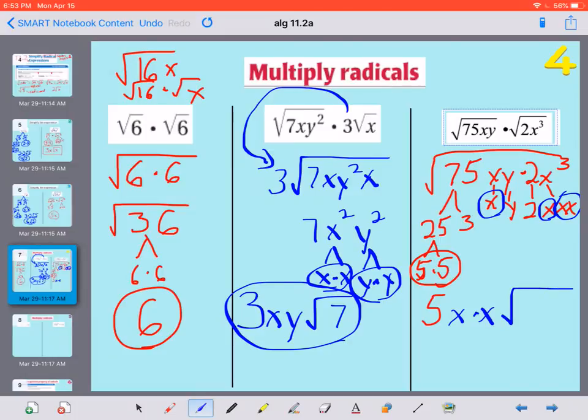And then what I have left over is 3 times 2 times y. So 5, x times x is x squared. Inside I have 3 times 2, which is 6, y with the 6.